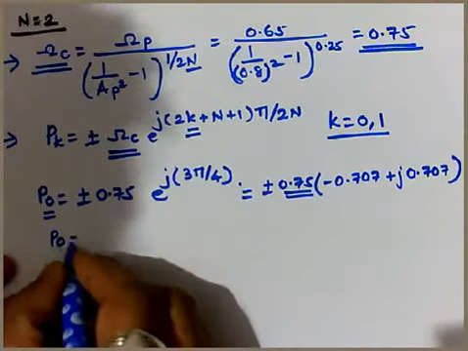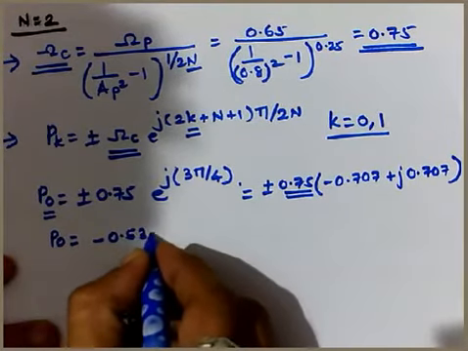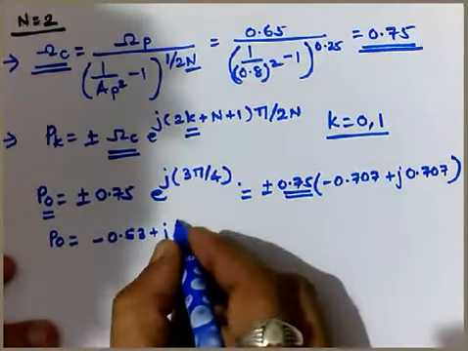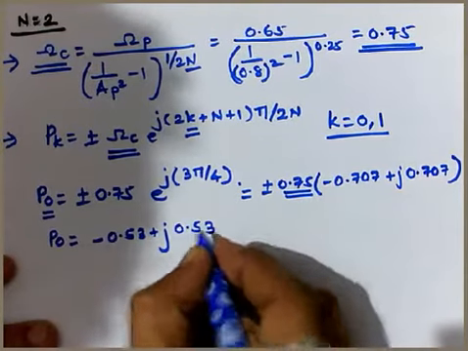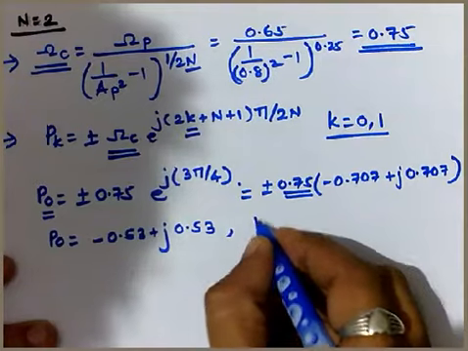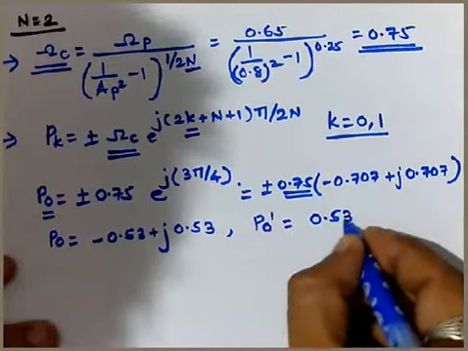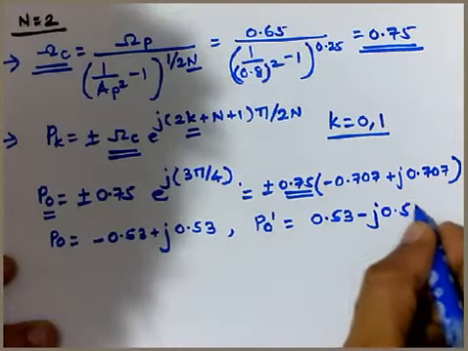So P0, the first value, is nothing but −0.53 + j 0.53, and the second value, P0 dash, will be 0.53 − j 0.53.